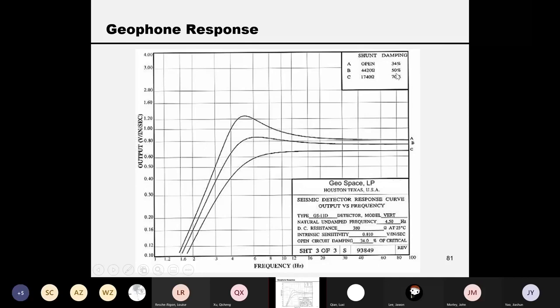One's 34%, 50%, and 70%. When you have 70%, you have an ideal flat response. Okay. So basically, the vertical axis is voltage. As I said, what you record from the geophone is a voltage, right? So the voltage units is per second, per inch voltage. Okay.